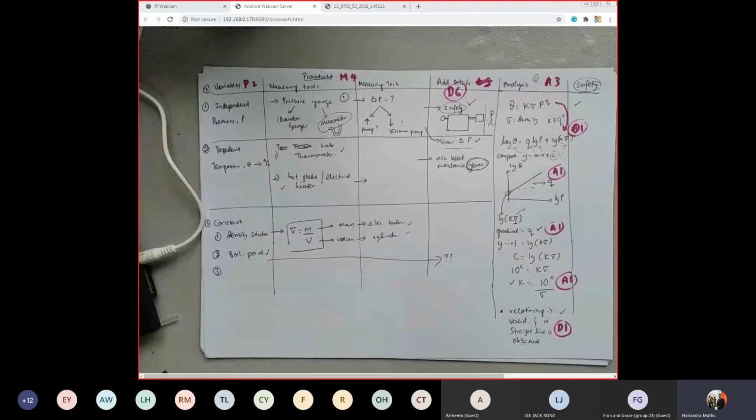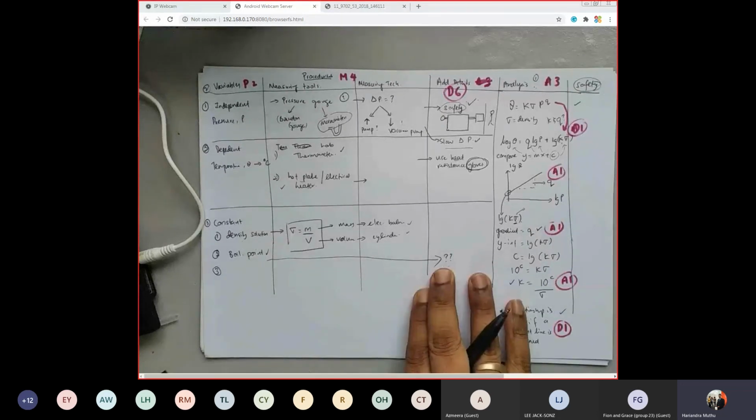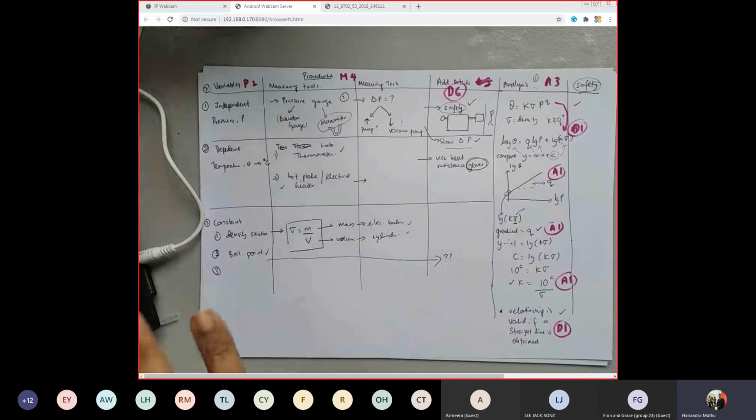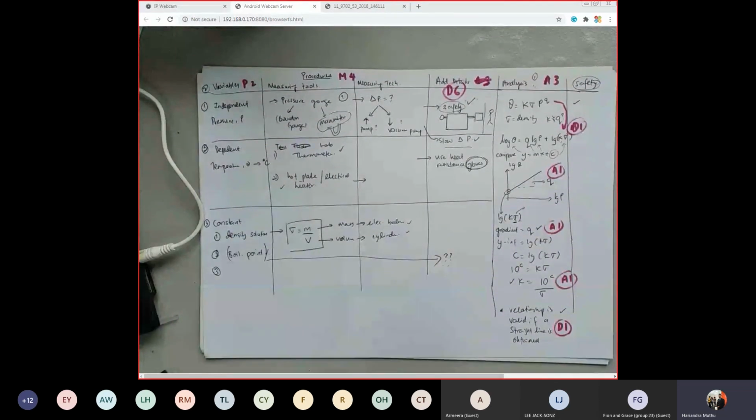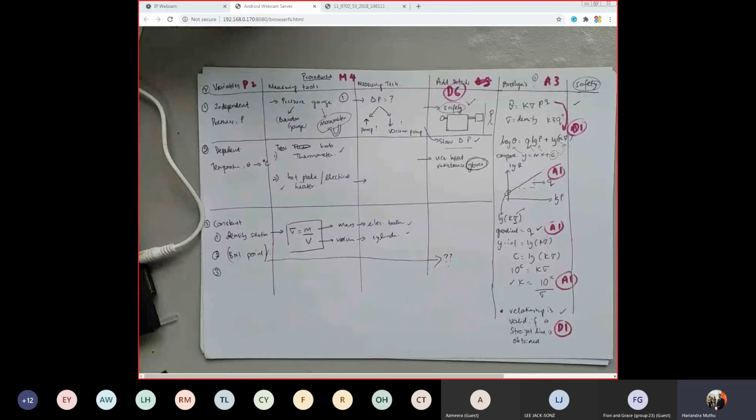So what is the observation in this experiment for a boiling point? How do you know the salt solution is boiling? What do you observe, what do you see when something is boiling? Any idea?